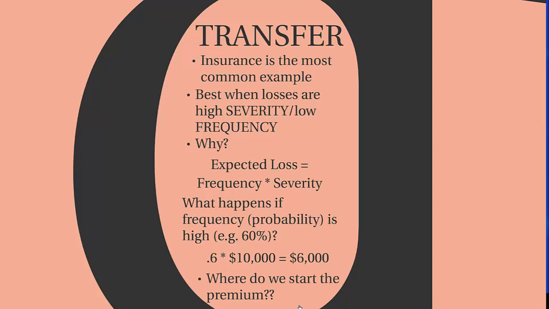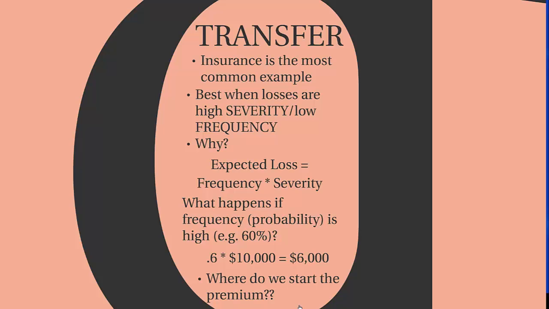So if we're the insurance company, where do we start charging a premium? We would charge $6,000 for a $10,000 loss. This isn't something that anyone in their right mind would pay, because $6,000 would not be the total premium. It would be $6,000 plus a certain commission, underwriting cost, overhead costs, taxes, etc. So as I mentioned before, high frequency losses do not make sense for insurance.